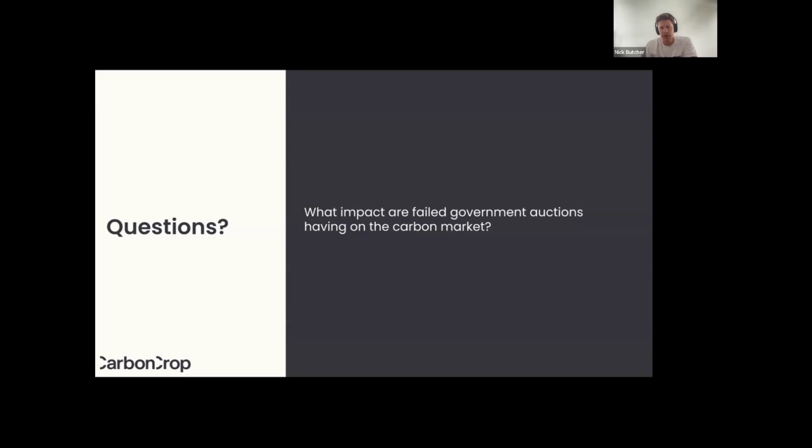So there are obviously many other factors that are meaning people aren't prepared to pay even close to the auction floor price, aside from just the fact that the auction floor is there and that they know they could probably get a bunch of units in the next auction for $71. So in a nutshell, the overall oversupply of units in the ETS and the size of the stockpile is the main issue, rather than whether units do or don't clear at auction. And I think that'll remain the case for the next year or two.